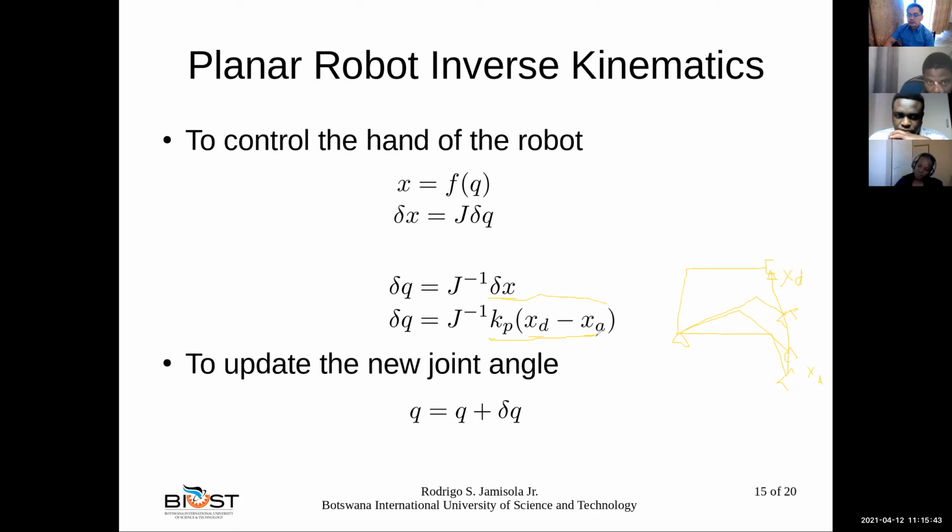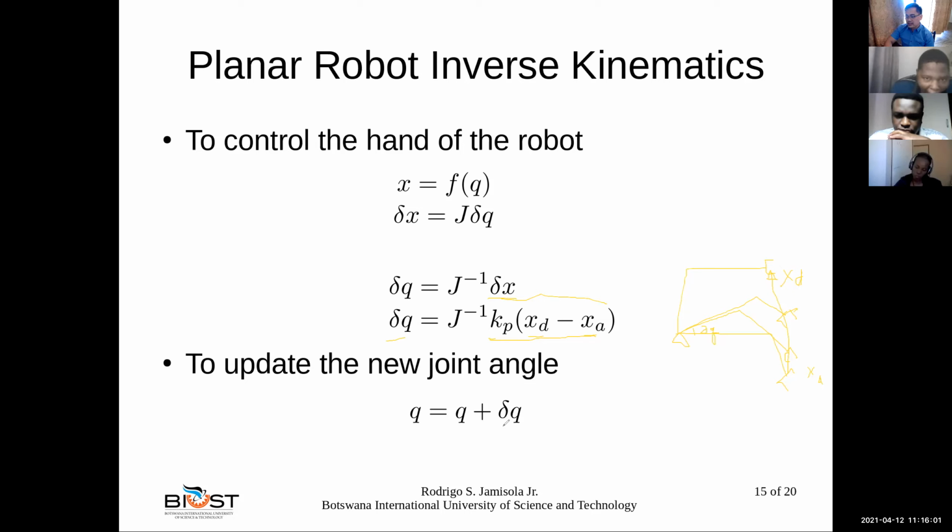Now we are able to compute the delta of Q, the small step of Q, at every computational cycle to pull us towards the desired value of X, or the desired value of the hand position.